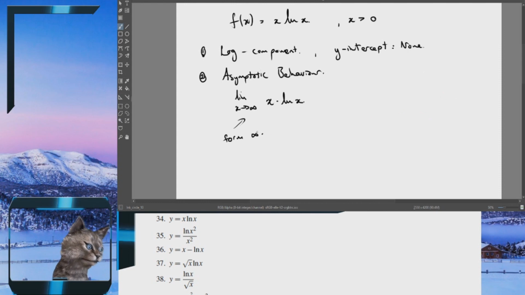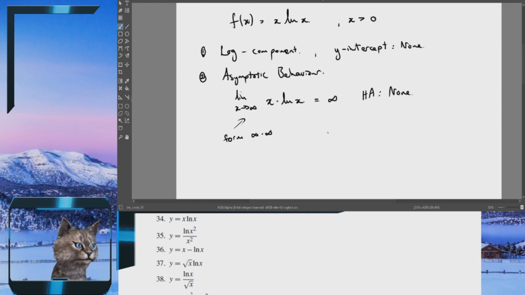A little slower, but still. So I have two large positive numbers. Some of these limits can be quite straightforward. And so I have no horizontal asymptotes. It makes no sense to look at the left side.